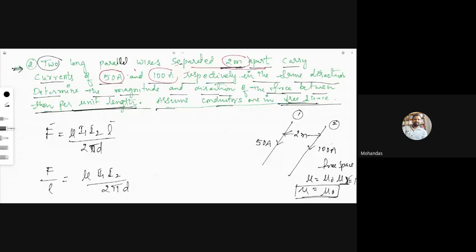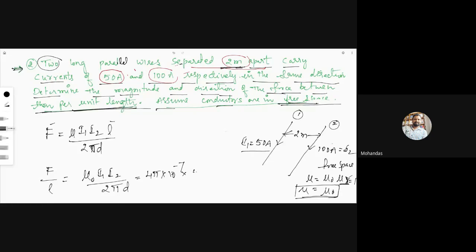What is the mu naught value in free space? 4 pi into 10 to the power of minus 7. I1 is 50 amperes and I2 is 100 amperes, divided by 2 into pi into d.